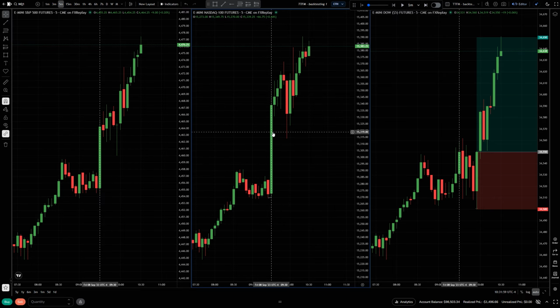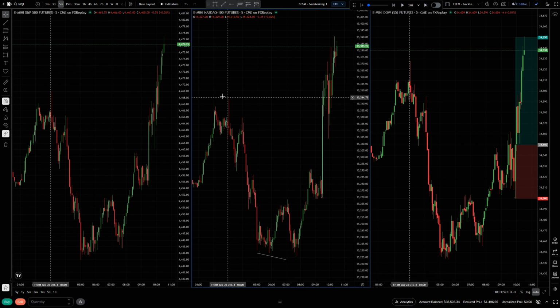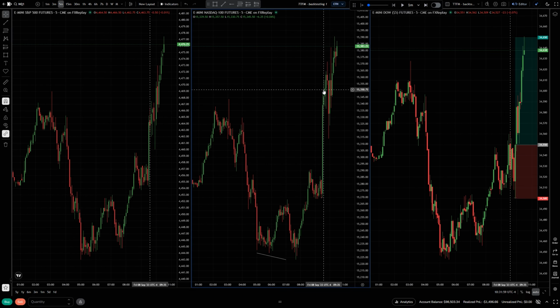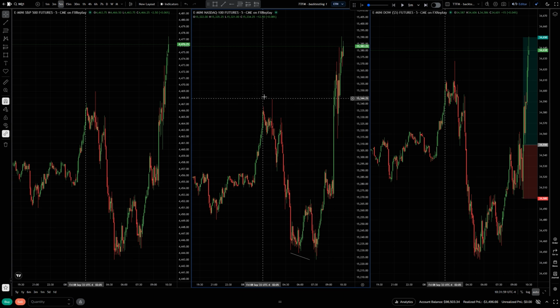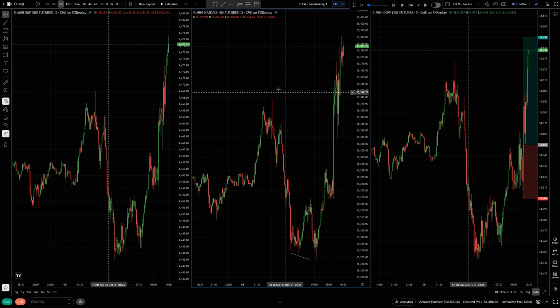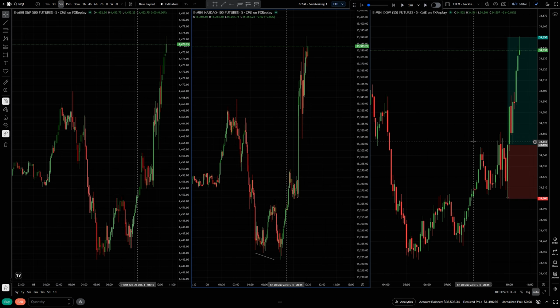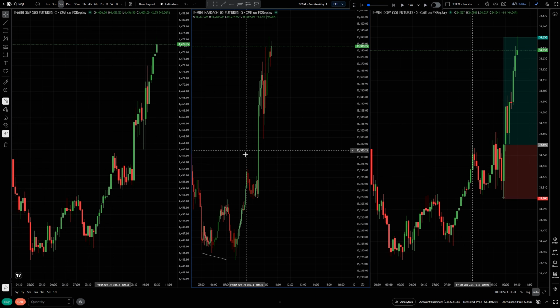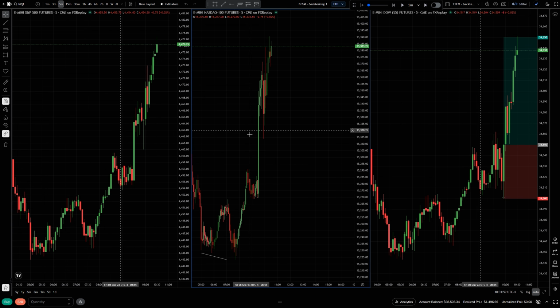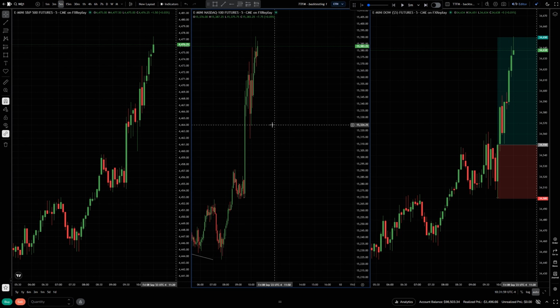So NQ temporarily, until this high, became the leading asset. So just to the current day's high. So this is London's high, okay? Then we can see that NQ dropped inside this big fair value gap that it created.